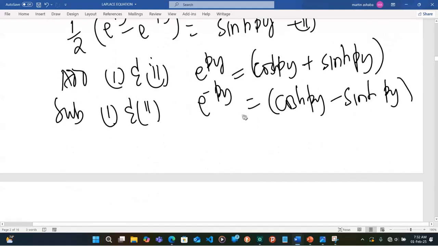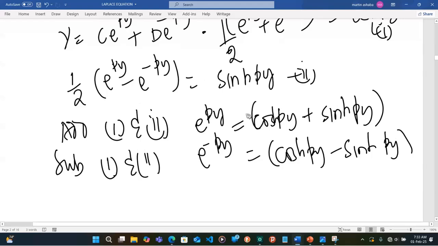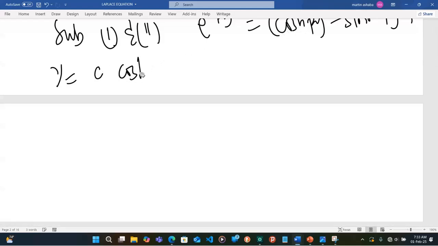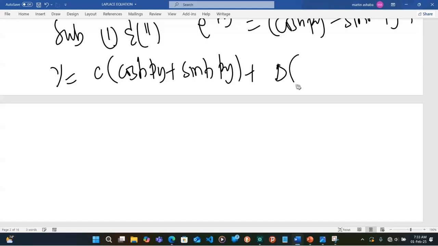So if I now introduce my constants c and d, then y itself becomes c times hyperbolic cosine py plus hyperbolic sine py, then we are adding d times hyperbolic cosine py minus hyperbolic sine py.